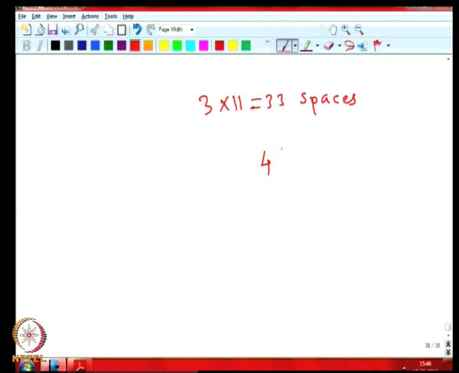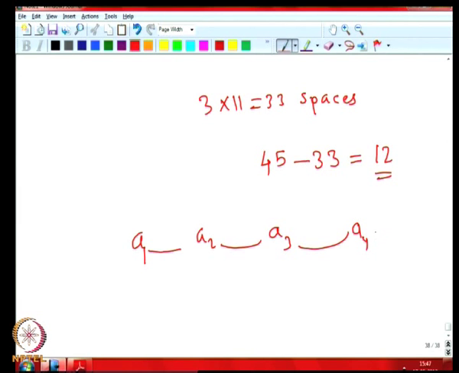Now, we have a total of 45 blank spaces, that is 45 minus 33 spaces. That means 12 extra spaces have to find some position, and this position has to be between the letters. For instance, this is A1, A2, A3, A4, till A11, A12. As you can see, these can be considered as boxes: box 1, box 2, box 3, and box 11.